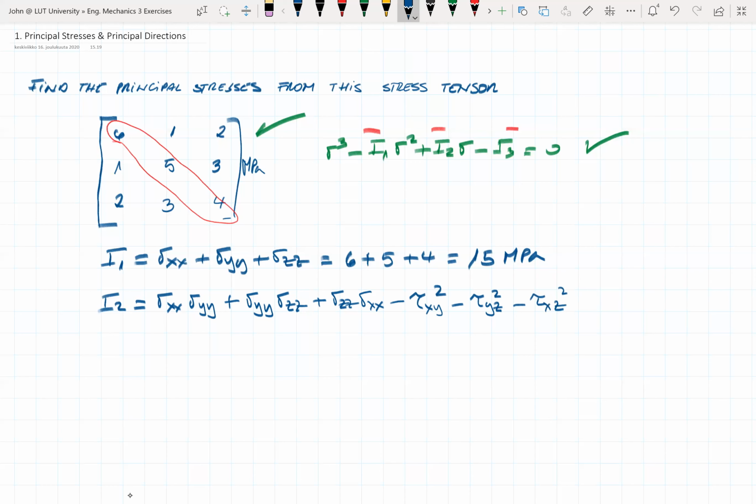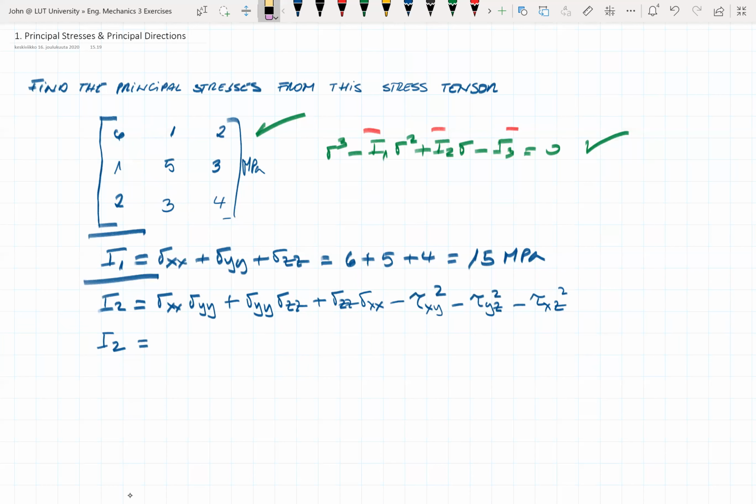If I substitute all the values in this equation and put a line here to separate things, it's going to be sigma xx times sigma yy.